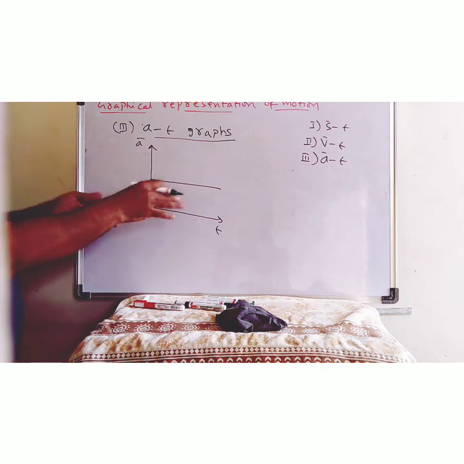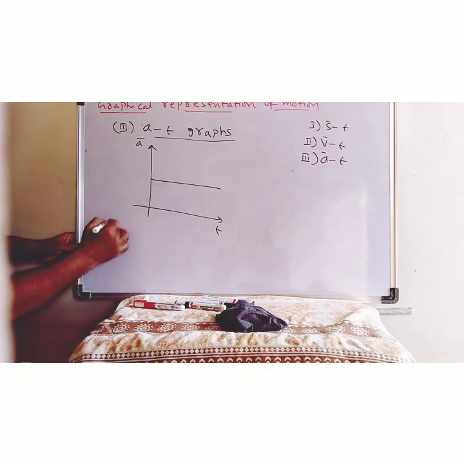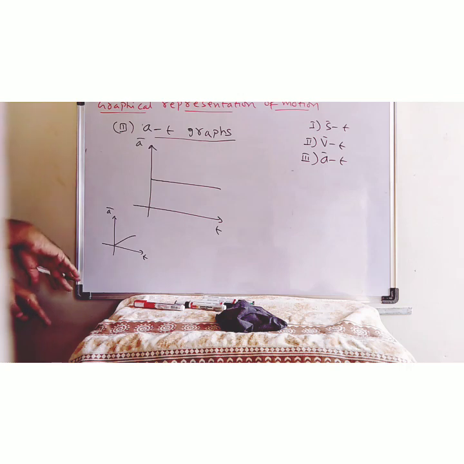It is not possible to get a graph like this regarding acceleration time. Why? It means the acceleration itself is changing. If the acceleration itself changes, that is called a jerk.